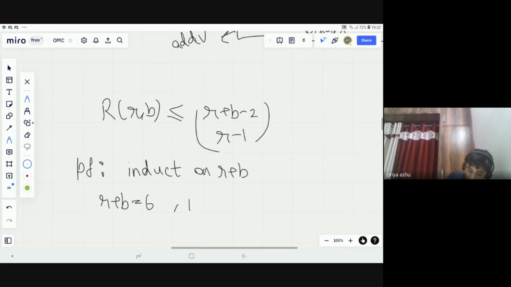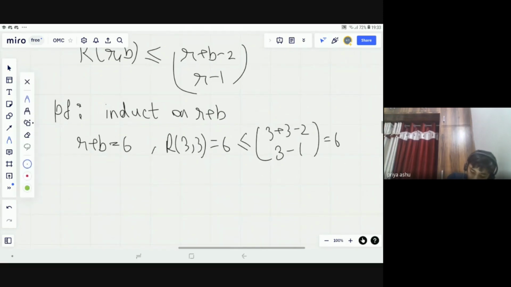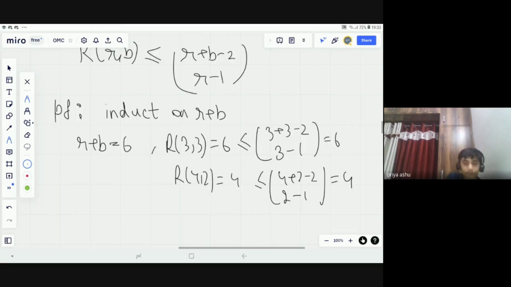We take 6, so we prove that R(3, 3) = 6, which is at most (3+3-2 choose 3-1), which is also 6. And R(4, 2) is 4, which is at most (4+2-2 choose 2-1), which is 4.